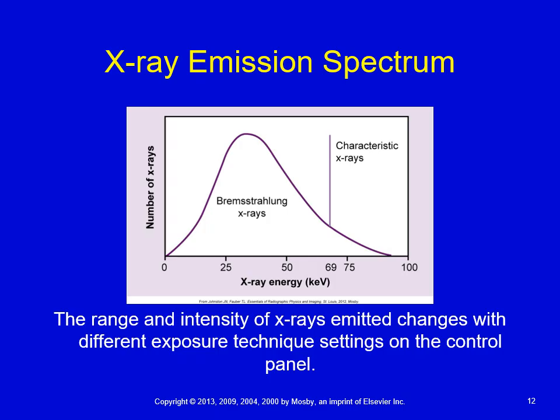All of the other levels, L, M, N, O, P, and the interactions that happen as a result of those cascades are not high enough to be effective at producing X-rays. At best, they're going to be absorbed within the patient. They're not going to be strong enough to get out and be useful in producing the image for us.